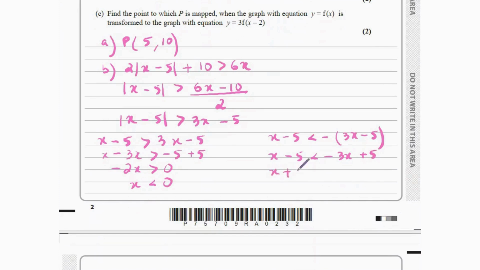So x plus 3x is less than 5 plus 5, so 4x is less than 10, and that means x is less than 10 over 4, which we can simplify to 5 over 2.